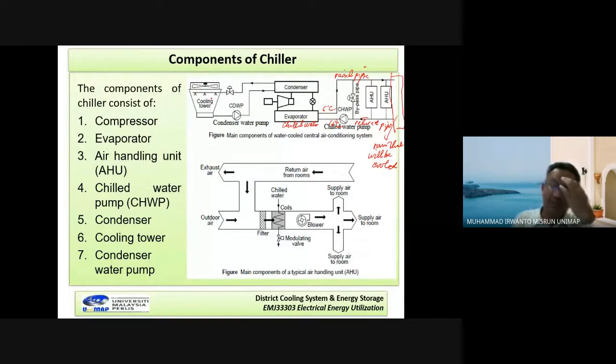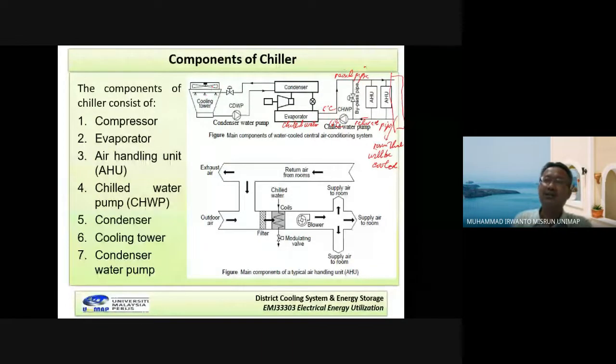There is a fan on top of it, to push the hot water or hot air from this cooling tower. At the same time it will produce evaporated water, which drops here and is collected here.